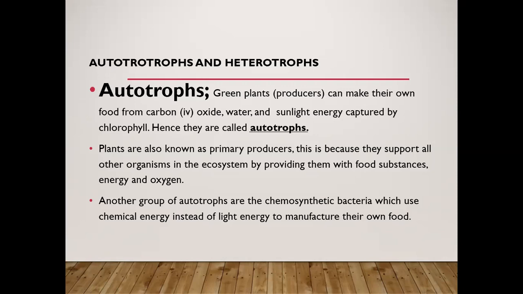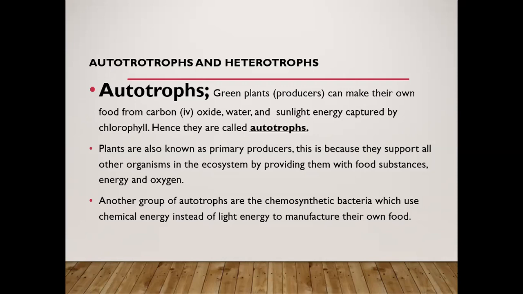And I have explained what autotrophs are. Autotrophs can also be called green plants. Autotrophs can also be called producers. And why do we call them that? Because they can manufacture their food through the process of photosynthesis, making use of carbon dioxide, water, sunlight, and the chlorophyll present in them.